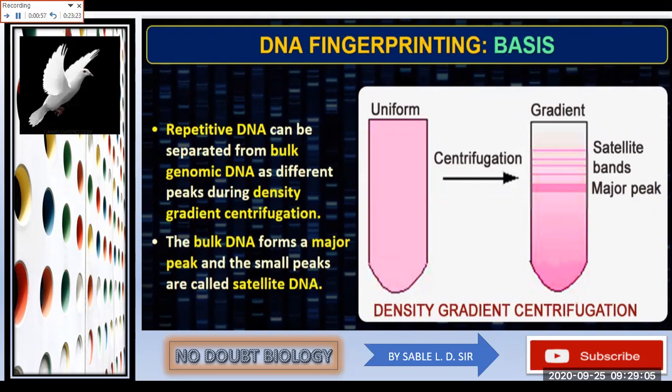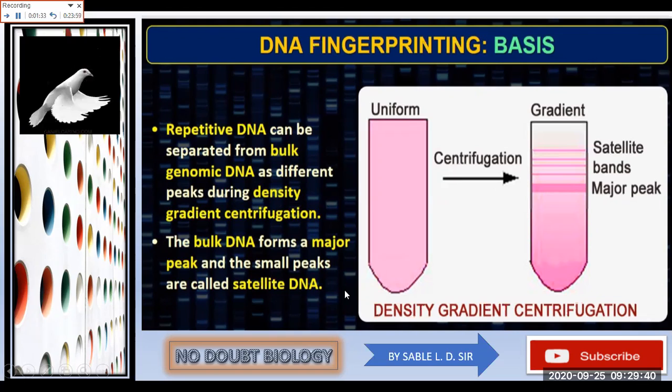Then there is the centrifugation force, and with its help the DNA is separated in a gradient manner. So there are satellite bands and major peaks. Satellites are arranged at the end of the chromosome. Satellite means the end of the chromosome.